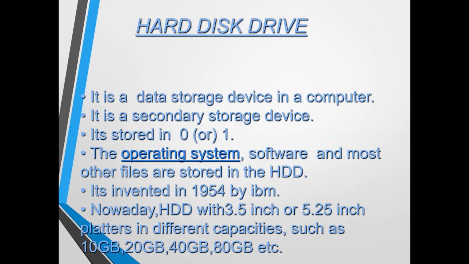Hard drives were invented in 1954, the very first ones by IBM. Nowadays, hard disks are smaller, some a little bit longer. However, the capacity of what is stored there has greatly improved. They used to range from 10 GB onwards. Now we have them in zettabytes.